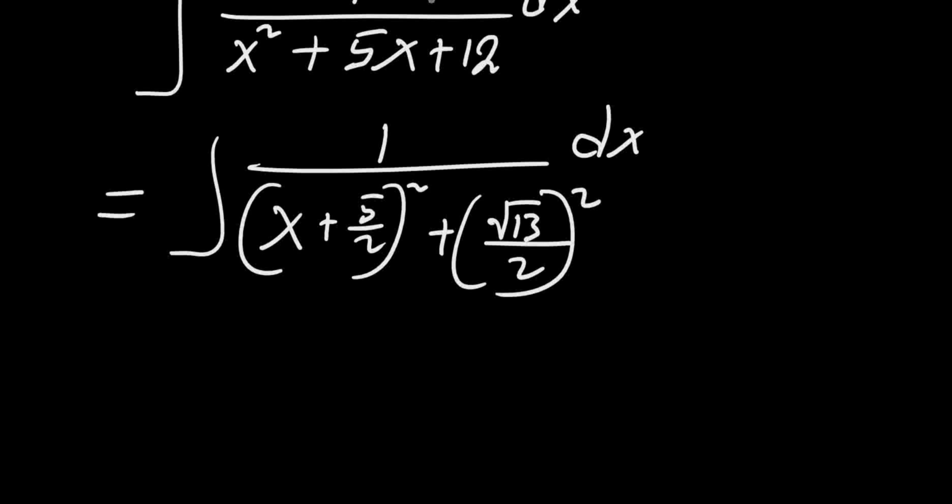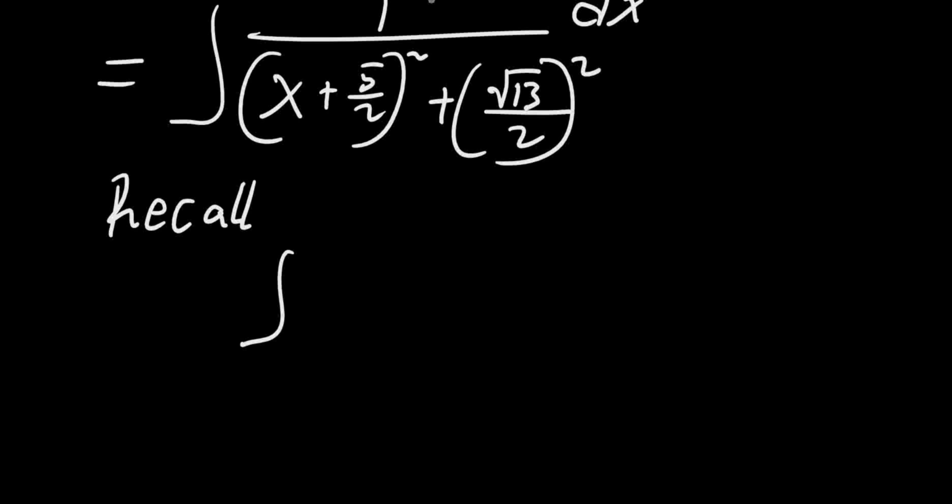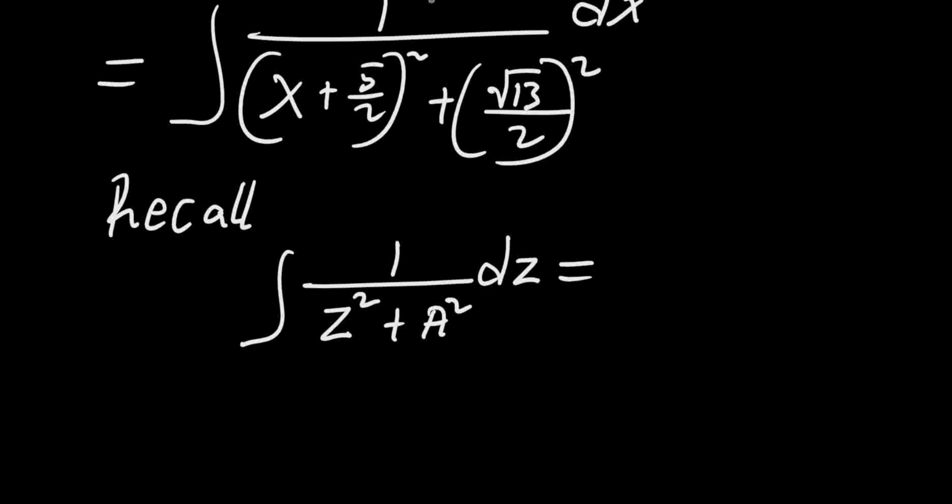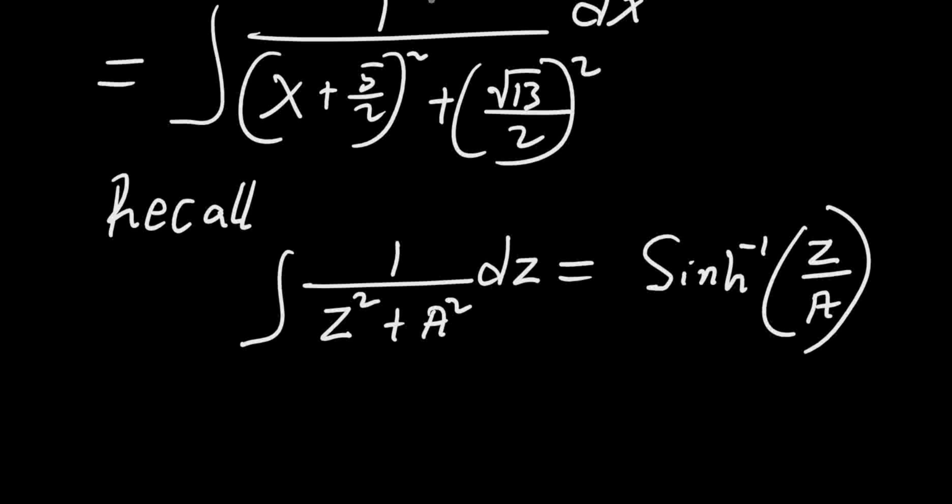Now recall that the integral of 1 over the square root of z squared plus a squared, dz, is equal to the reciprocal of sine h negative 1, z over a.